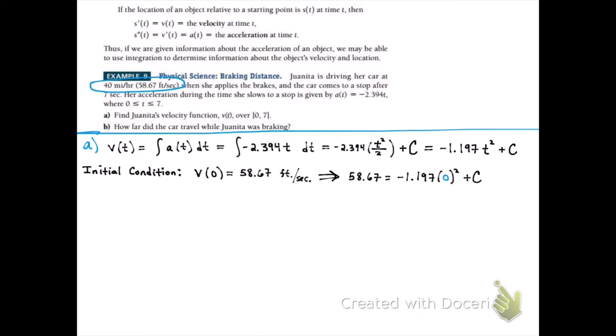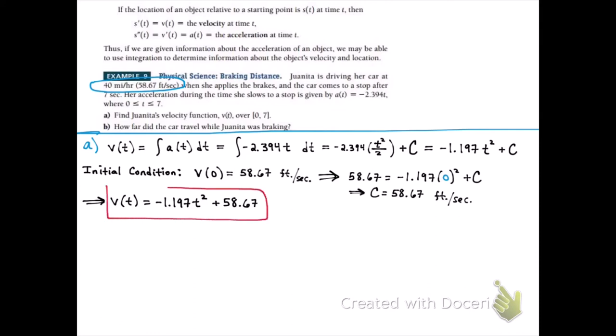And so I can easily see that c equals 58.67, and its units are feet per second. So now I can plug that value in for c, and I get that the velocity function is equal to negative 1.197 times t squared plus 58.67, now that I know exactly what c is equal to, using that initial condition.